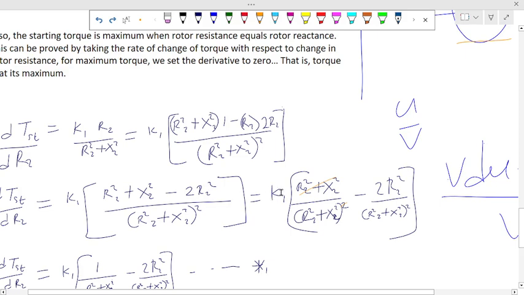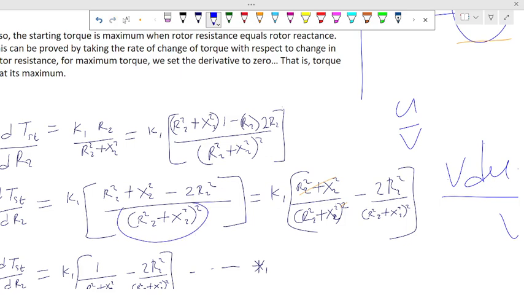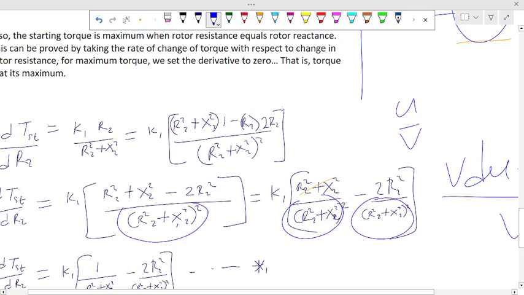Equals K here, and then we just expand, saying R2 plus this, we bring it here, right? All over, this is what is happening here. This guy we share this way, same thing here and same thing here. If we take the LCM of this expression, we are going to come back to this one.